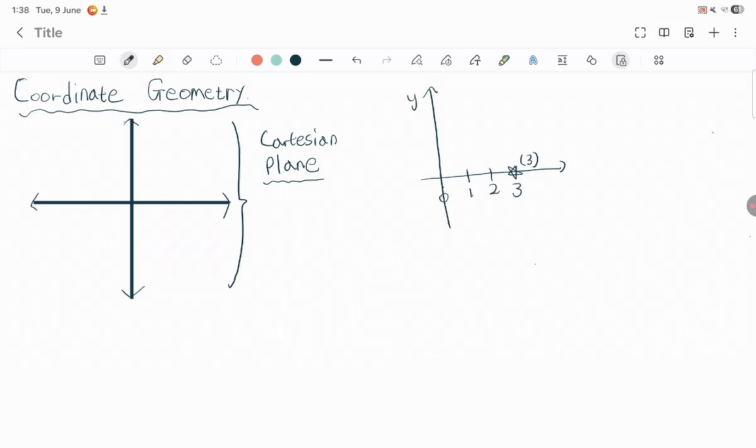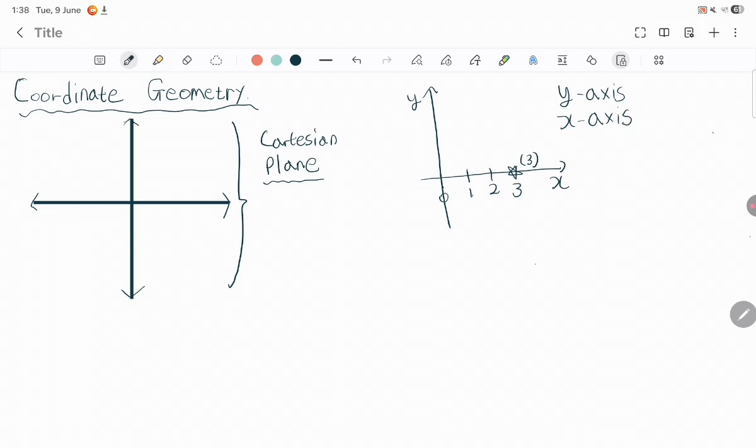As for this vertical one, we call it the y-axis, and this horizontal one, we call it the x-axis.